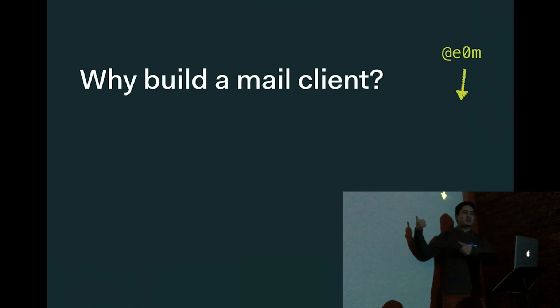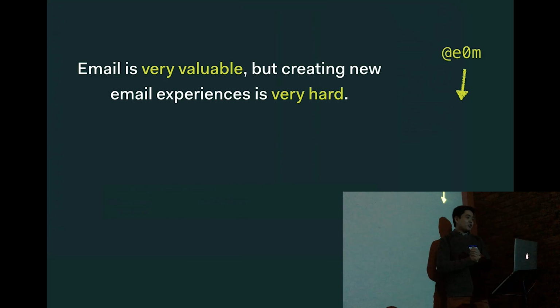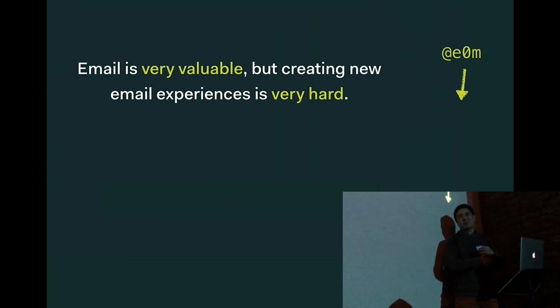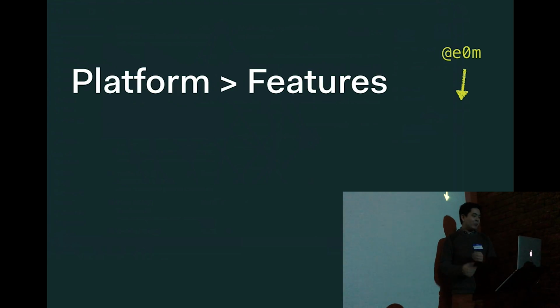So first of all, let me just real quick answer why build a mail client in the first place. Well, the short of it is that email is pretty valuable. It's the largest installed communication base on the planet. But creating new email experiences is very hard, which is why when people do it, they build a whole new prescriptivist mail client from scratch and try and make that the end of it.